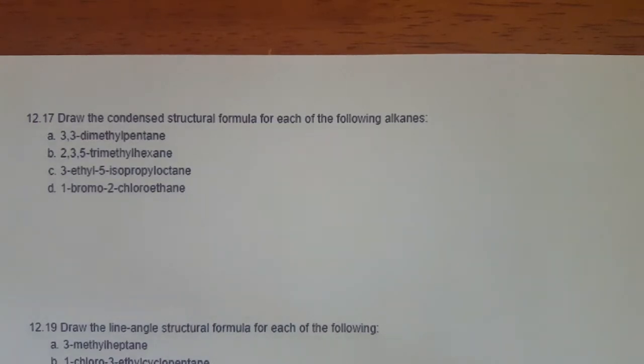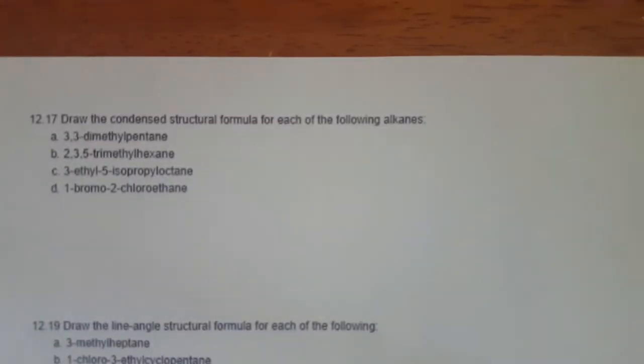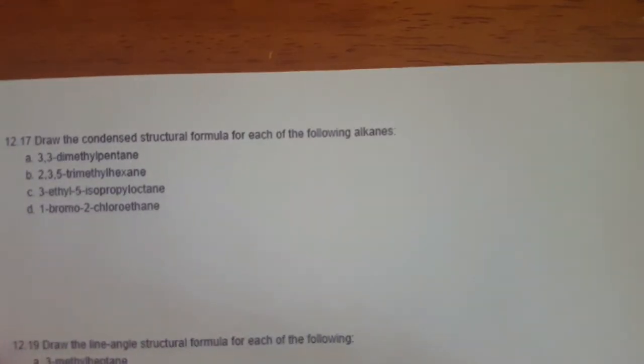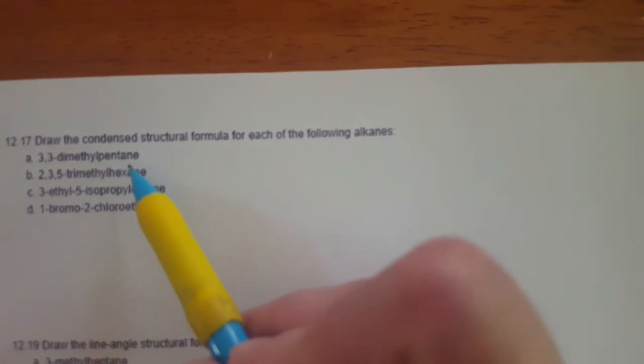So for this question, we're given the name of the structure, and we're asked to draw it in a condensed structural formula. So again, when you draw things, I tend to first put in the carbons. So this is an ane, so they're going to be all single bonds.